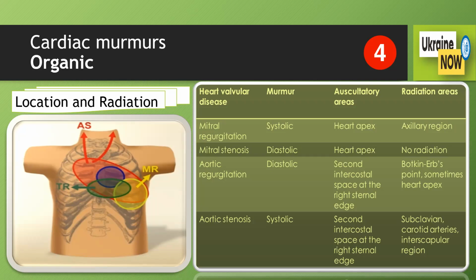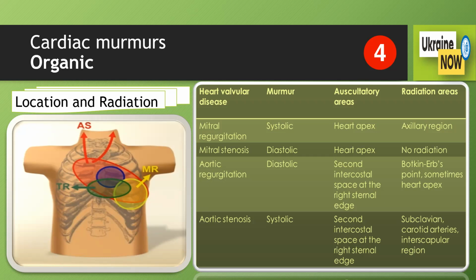A diastolic murmur generated in a narrowed mitral valve is usually heard over a limited area at the heart apex. A systolic murmur due to a stenosed aortic orifice is heard in the second interspace to the right of the sternum. As a rule, it is well transmitted by the course of the blood flow onto the carotid arteries.